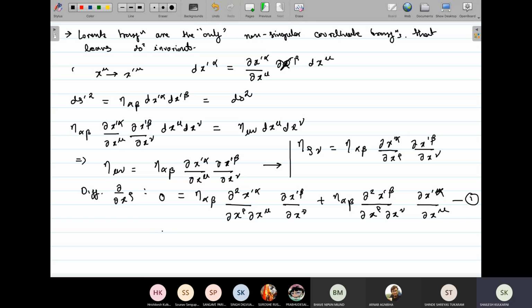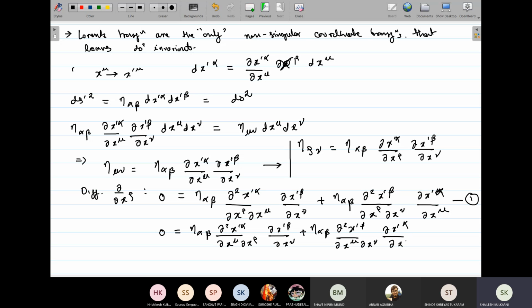Okay. So I will get 0 equal to eta alpha beta del 2 x prime alpha by del x mu del x rho del x prime beta by del x nu plus eta alpha beta del 2 x prime beta by del x mu del x nu, okay, del x prime alpha by del x rho, where rho is interchanged with mu. This is equation number 2.